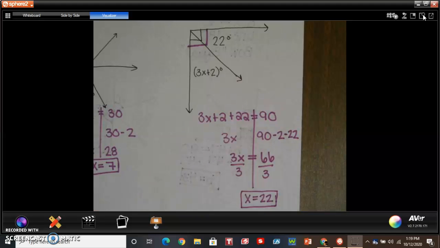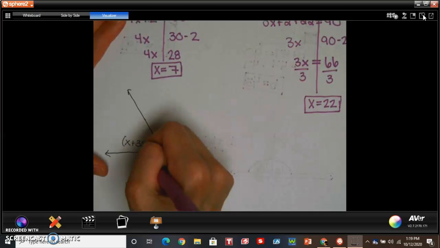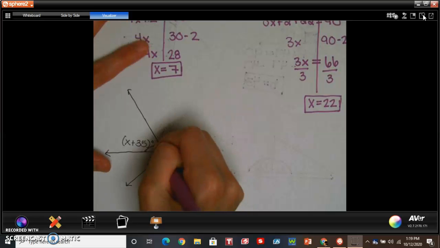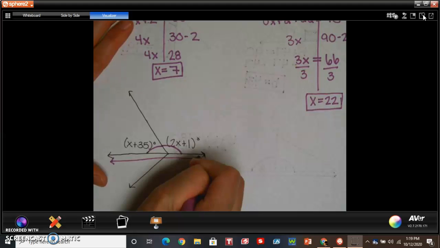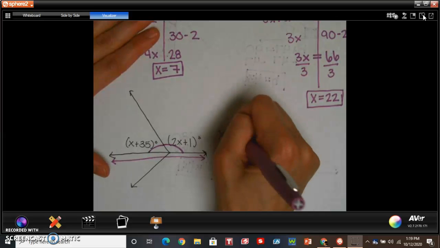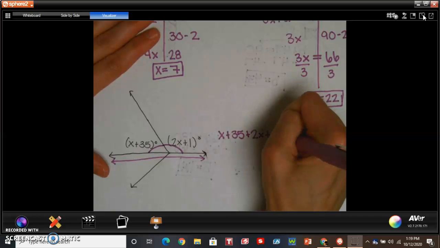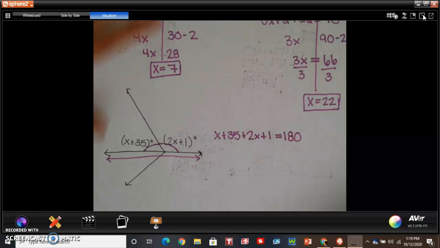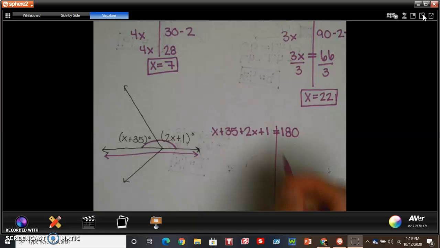And your last example for this week, we have x plus 35 and 2x plus 1. Here's the shape that they are creating. So is it a box, line, or bow tie? It is a line, and a line equals 180. So we can say x plus 35 plus 2x plus 1 equals 180. All right, let's do our variables and our constants. So our variables are all on this side.